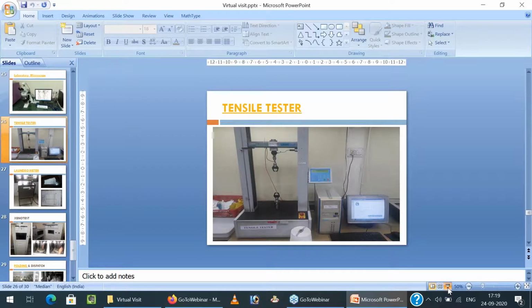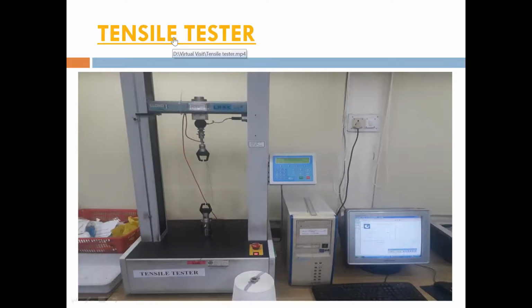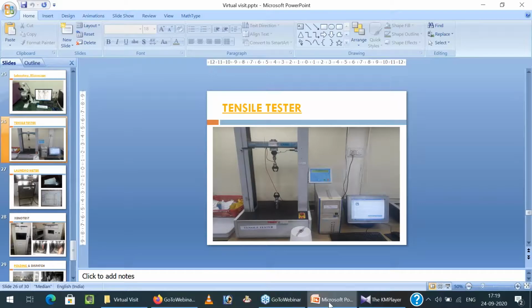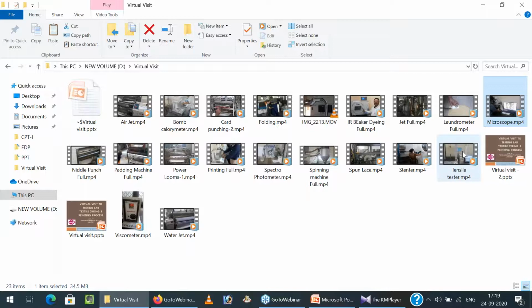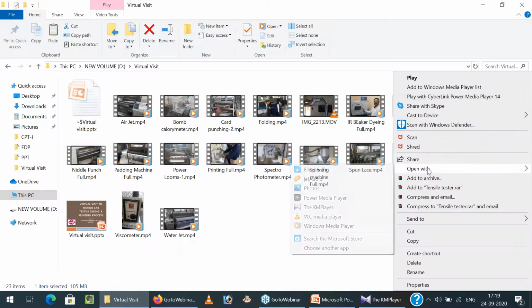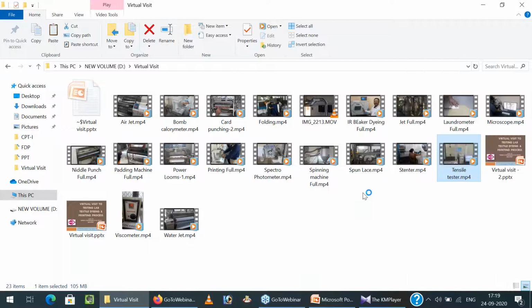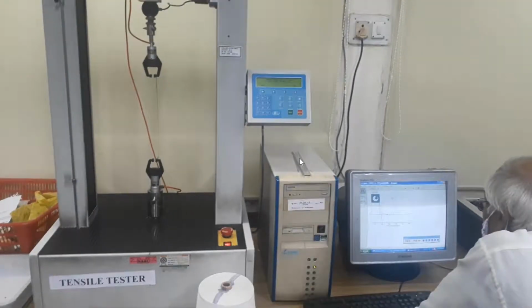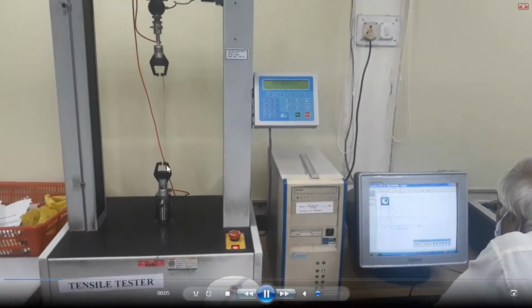Next is the tensile tester. It's a universal tensile tester, and it works on the constant rate of extension principle. It's just running.